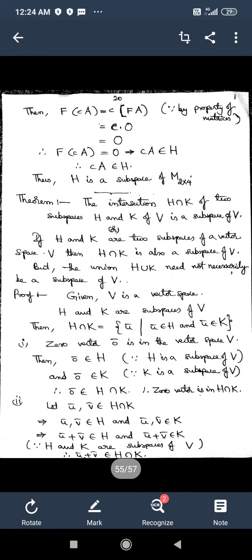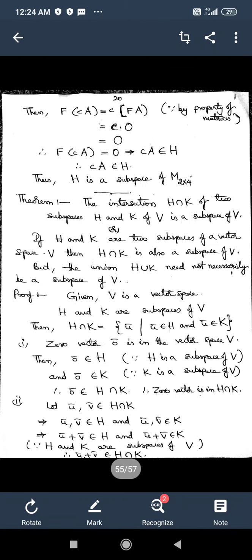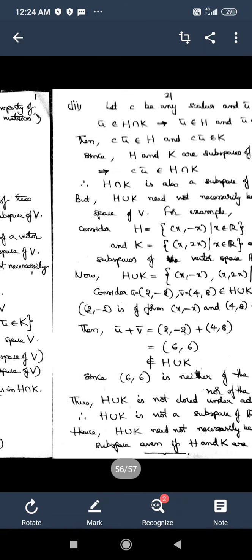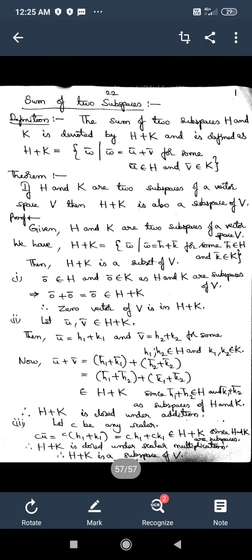The theorem statement is: the intersection H intersection K of two subspaces is a subspace, but the union need not be a subspace of V. To prove H intersection K is a subspace, we verified all the three conditions of a subspace of a vector space. But to prove H union K is not a subspace, we considered a specific example for H and K and could prove that.